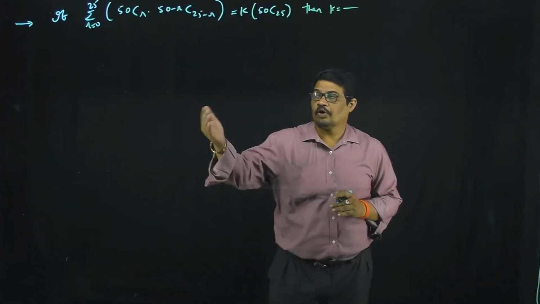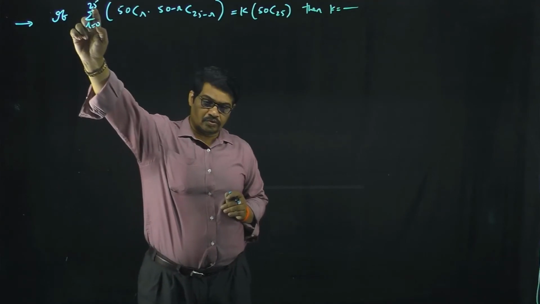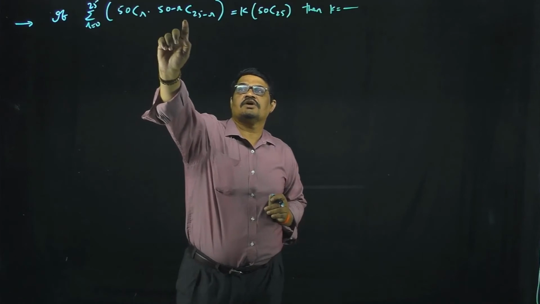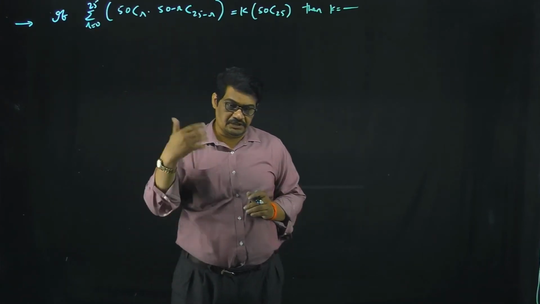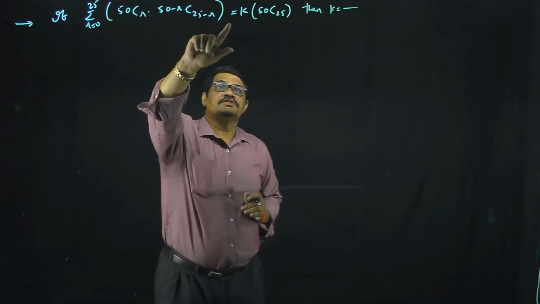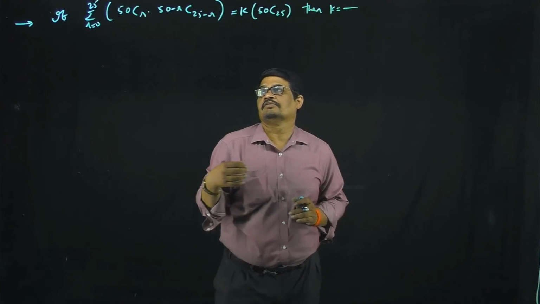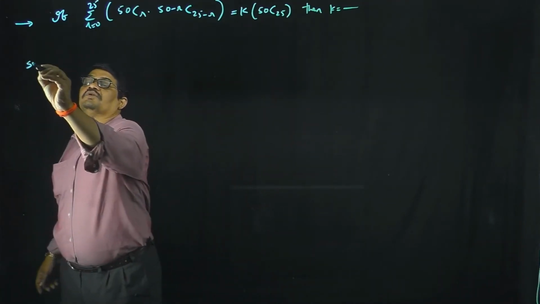See the problem. If sigma R equals 0 to 25, 50 C R into 50 minus R C 25 minus R, that is the given expression, is equal to K into 50 C 25, then what is the K value? So that is the given expression. Now let us see the solution.